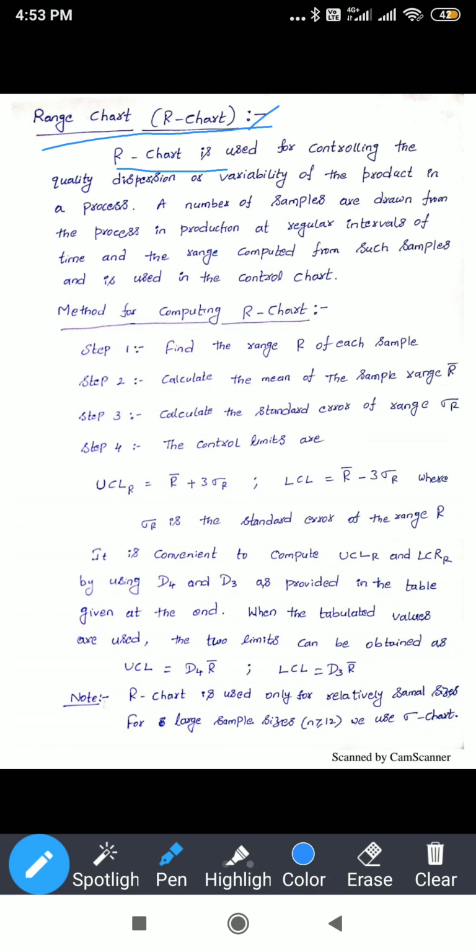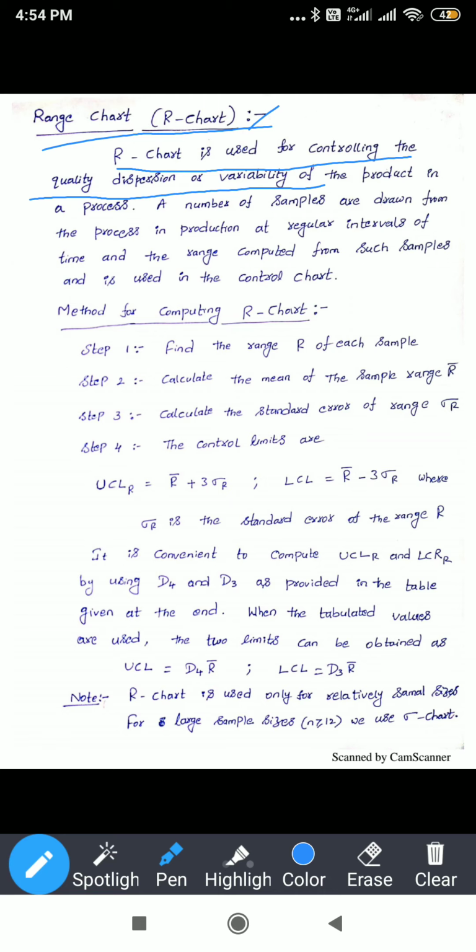The R chart is used for controlling the quality dispersion or variability of the product, whereas the mean chart is used for controlling the average quality of the product.